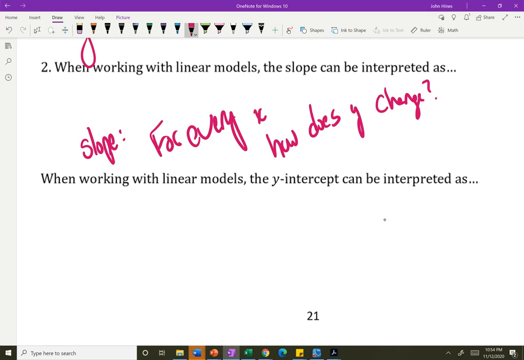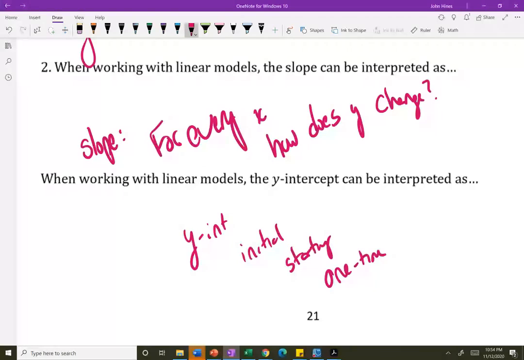Whereas the y-intercept, I need you thinking of initial, starting, one time. Those are all kind of words that represent y-intercepts. Initial, starting, one-time cost, whereas the slope is a rate of change.